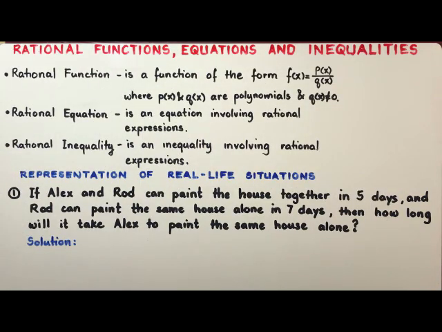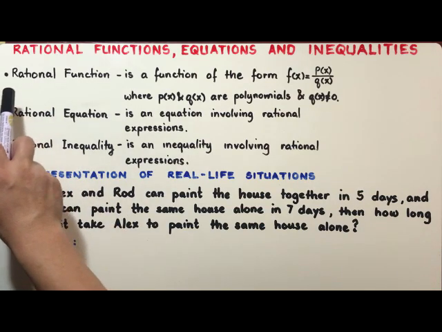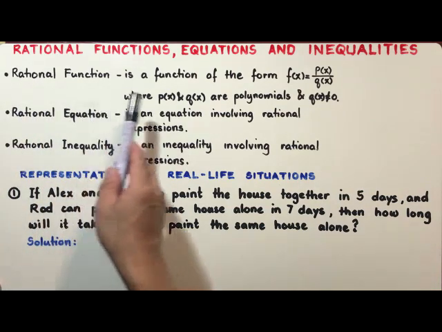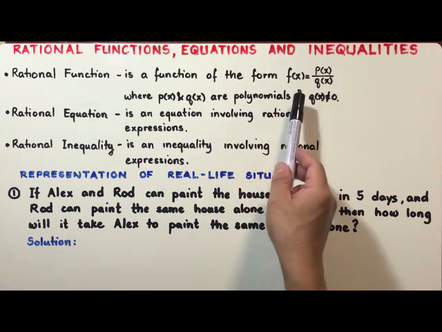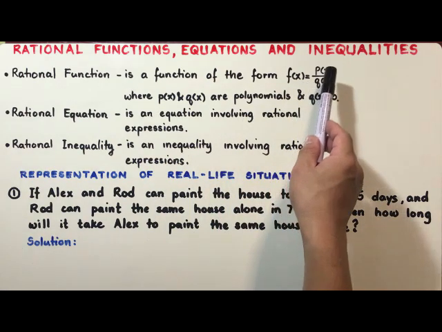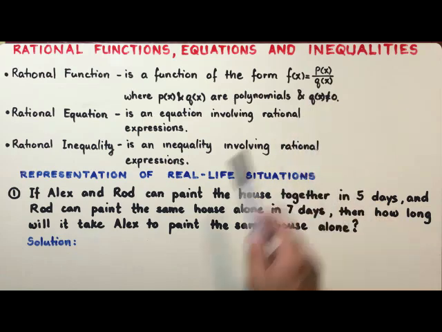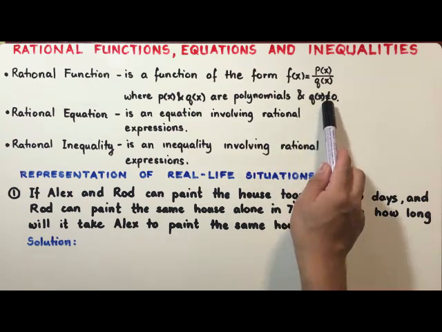At this point, allow me to give you the difference between the three: rational functions, rational equations, and rational inequalities. So what's the difference between these three? First, I have here the definition of a rational function. A rational function is a function of the form f of x equal to p of x over q of x, where p of x and q of x are polynomials, and q of x must not be equal to 0.